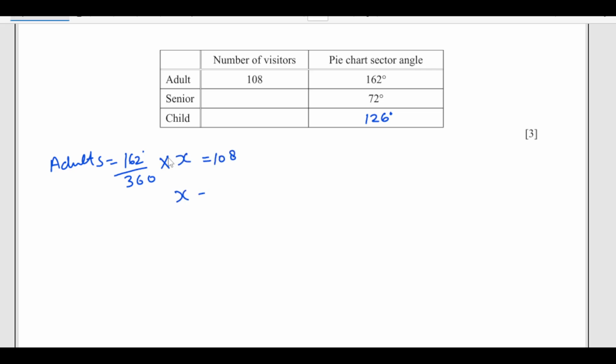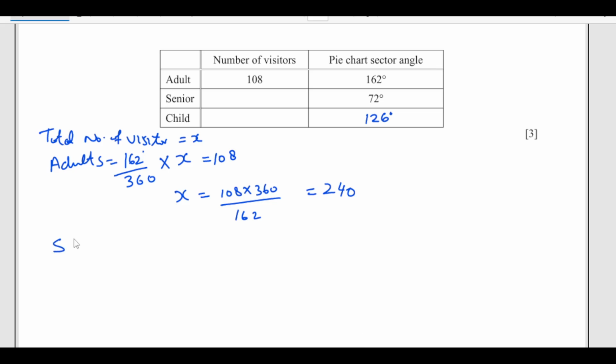So x is going to be 108 times 360 over 162. When you calculate this, this is 240. So we got the total number of visitors as 240.